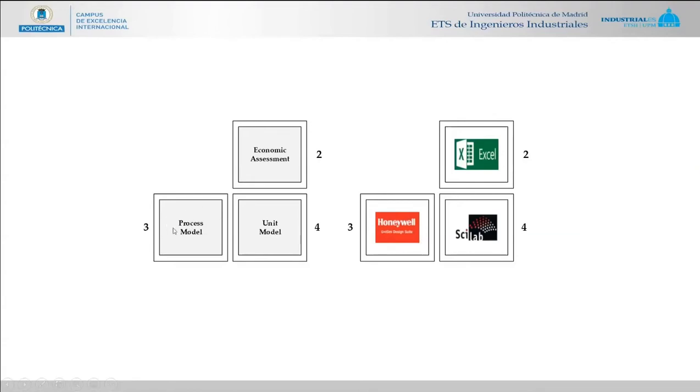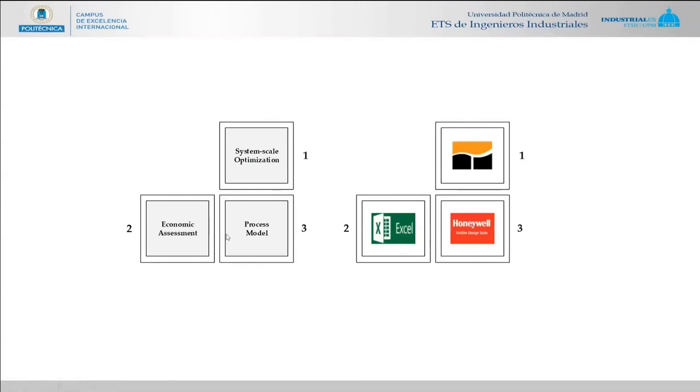This allows us to carry out a preliminary mass and energy balance and equipment sizing, and that information is then transferred to an economic assessment tool that we have developed in Excel using Visual Basic. This enables to calculate things like levelized cost of product, internal rate of return, and so on.